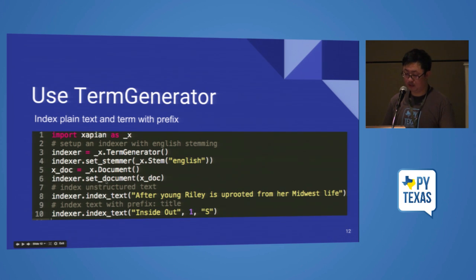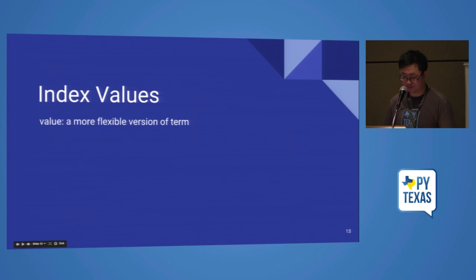We set the xdoc to the indexer. Then we can just use index text, providing unstructured text. Xapian will parse this and generate a list of terms. If we want to add a prefix, we can just add additional arguments, and it will index the title with the prefix.